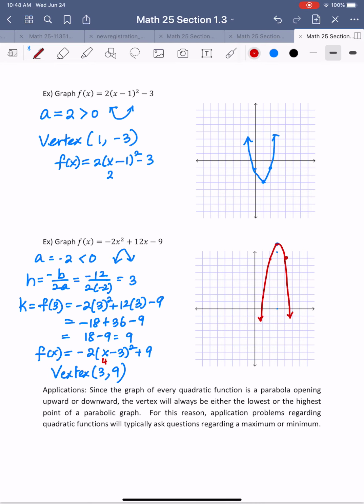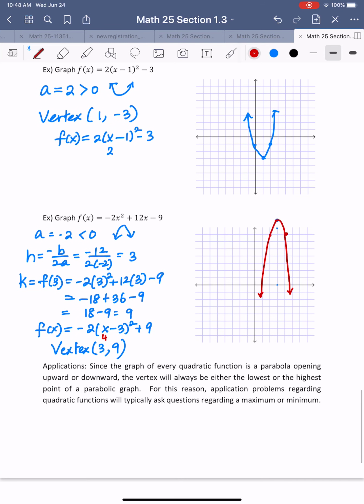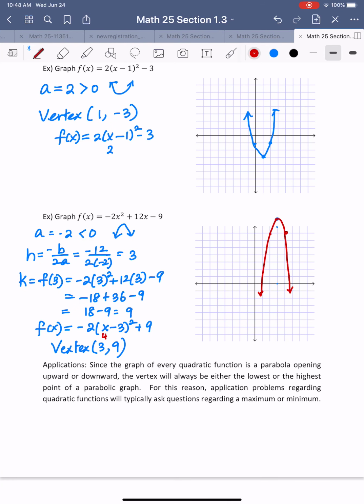Yes, that's it. Application. Since the graph of every quadratic function is a parabola, opening upward or downward, the vertex will always be either the lowest or highest point of the parabola. So this is the lowest place, and this is the highest place of the graph.